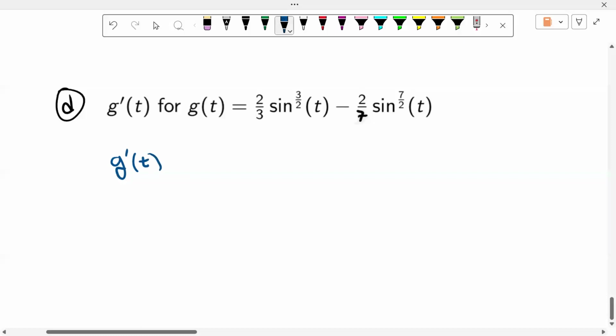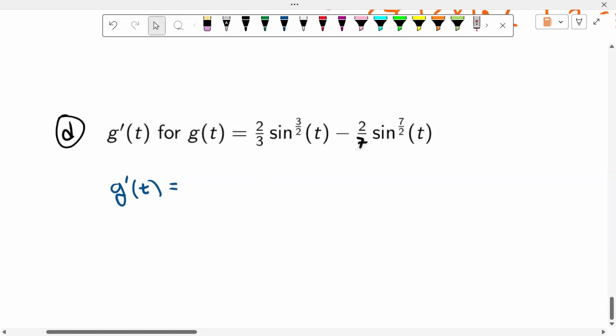So we have to take the derivative of, well, we have this 2/3 sine to the 3/2 of t. Now, when we write sine to the 3/2 like that, just a reminder, what that really means is that.